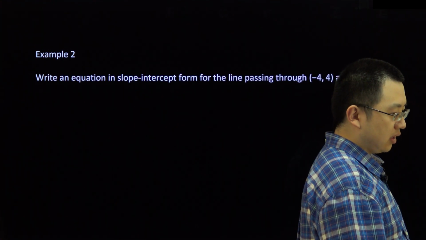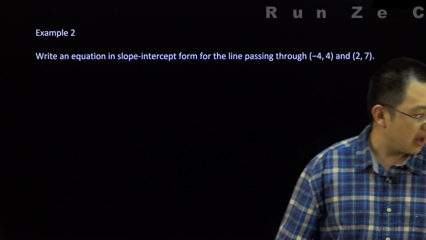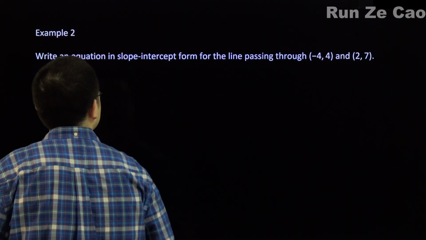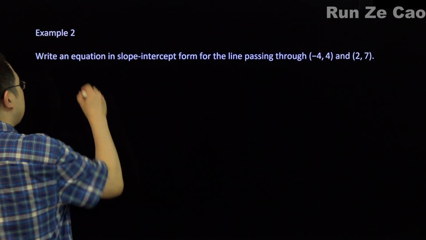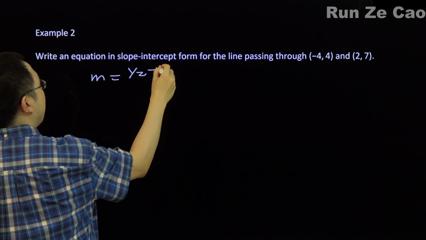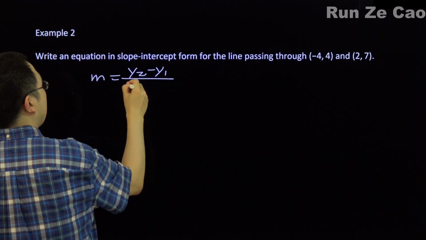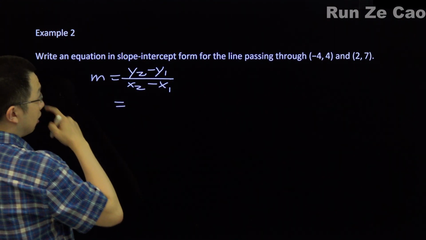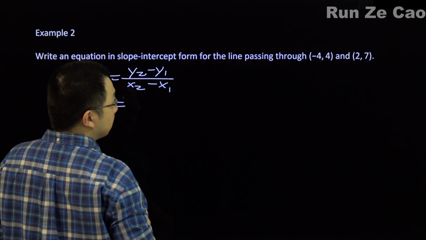Write an equation in slope-intercept form for the line passing through negative 4, 4, and 2, 7. Well, m is equal to y2 minus y1 over x2 minus x1. So rise over run.